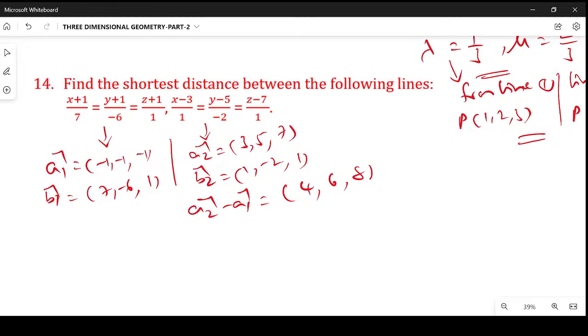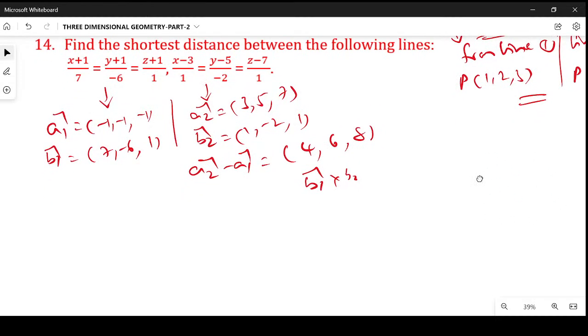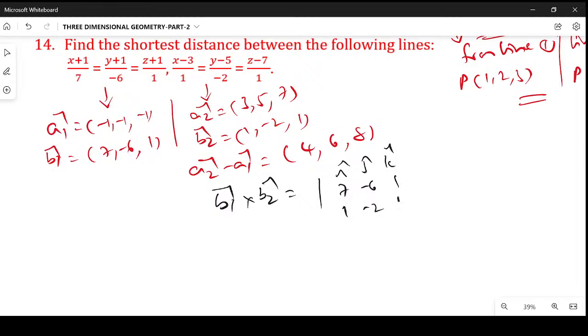Now I also require b1 bar cross b2 bar. So b1 bar cross b2 bar is the determinant with i cap, j cap, k cap, and b1 bar (7, -6, 1) and b2 bar (1, -2, 1).